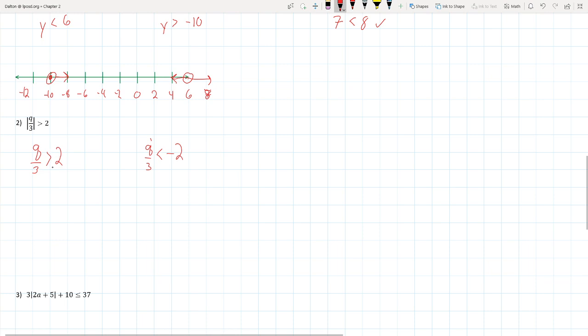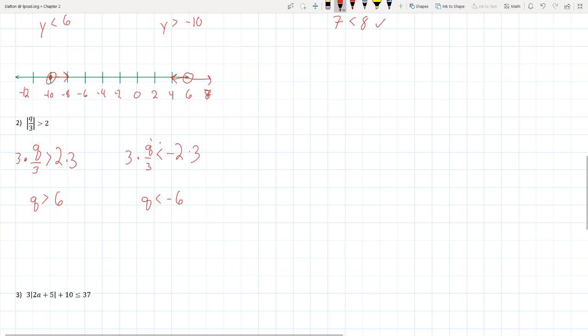So we start evaluating this, and the way that we get rid of dividing by 3 is we multiply by 3. And we're going to do that on both parts of this. So we're going to get q is greater than 6, and q is less than negative 6.